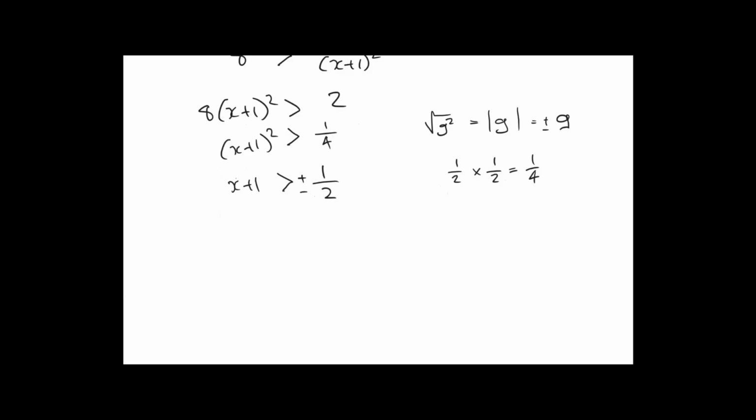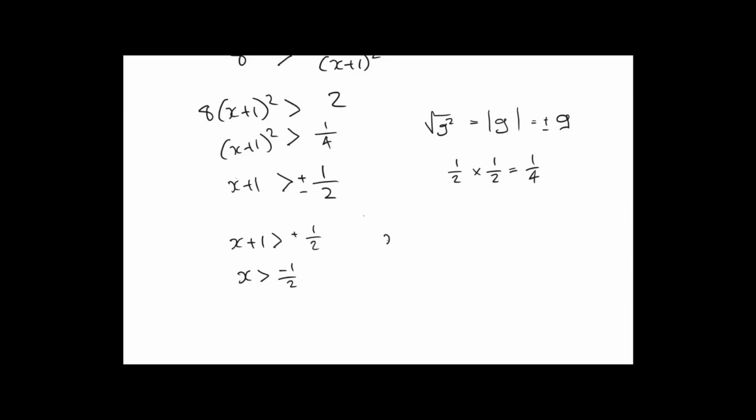So how are we going to do this? So let's sort of split it. So we've got x plus 1 is greater than positive a half. I'm going to take 1 away from both sides. So x must be greater than, so half minus 1 is minus a half. Okay, so that's one of them.